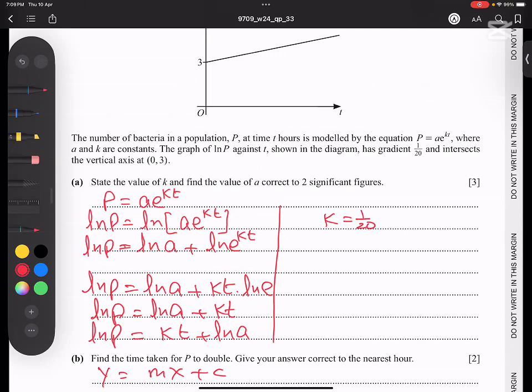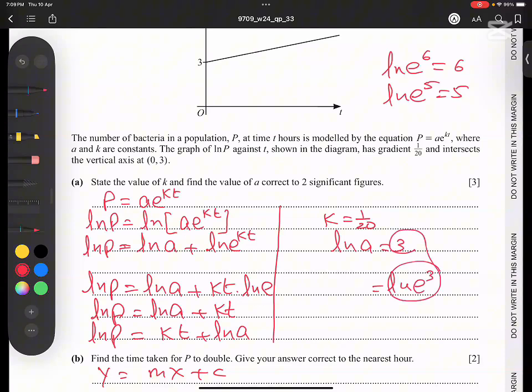And parallelly, he's saying find out the a value. So what is the y-intercept? Vertically cutting this is 3. This 3 is equal to ln a. So I'm writing here ln a is equal to 3. And I taught many times, whenever ln e to the power 6, they cancel out and we get 6. And ln e to the power 5 gives us 5. So if I want to write this 3, we can write the logarithm of e to the power 3.